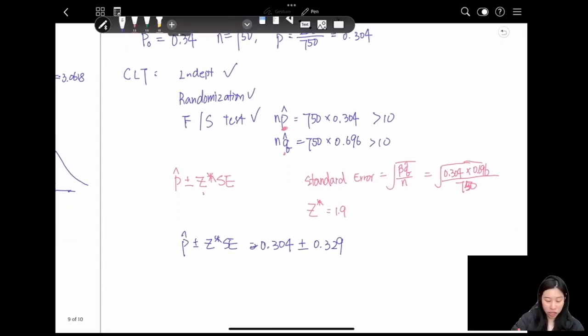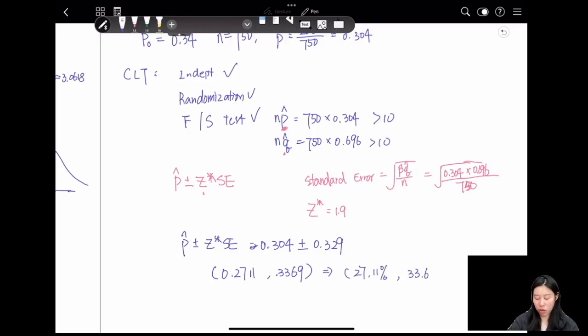So we got the interval between 0.0211 to 0.33969. You can write it as a percentage, whichever way you feel more comfortable, which is 27.11% to 33.69%.